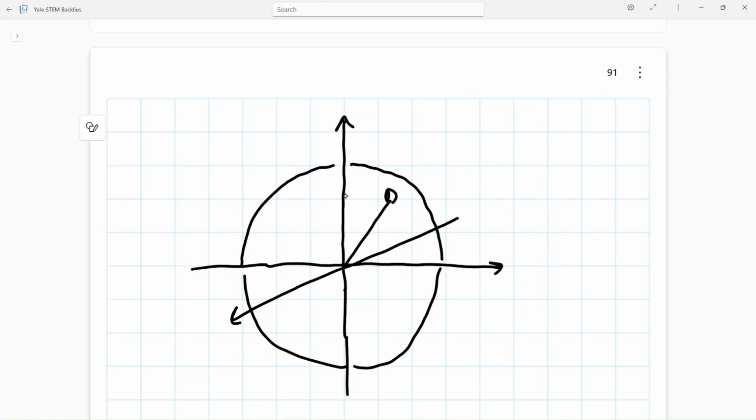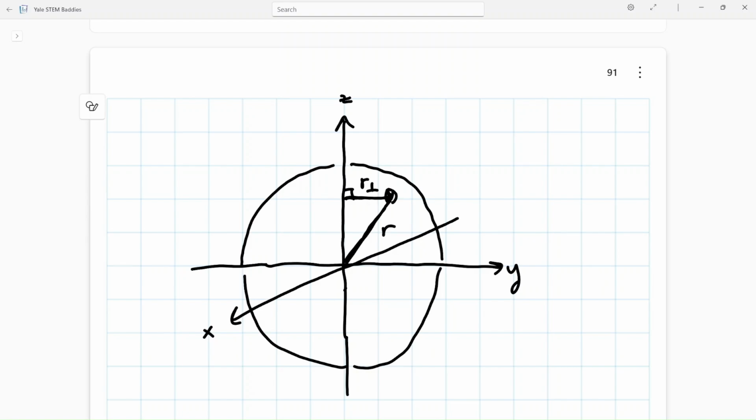Well, we know that r perpendicular is going to be the perpendicular distance from that little mass to the z-axis up there. We draw that perpendicular in, and this distance is r perpendicular, this one right there. We also have r representing the distance to the origin.